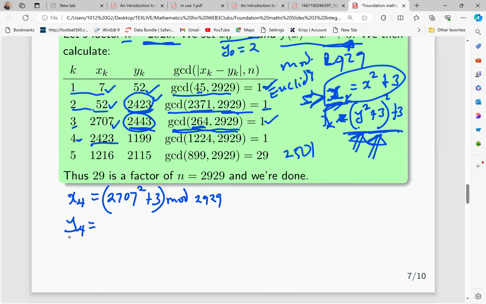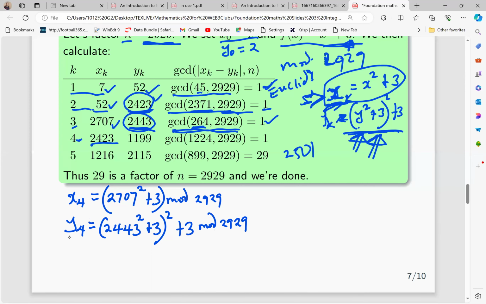So what is it? Y3 is 2443. Square it, then add 3 to the result. Square the new result, and then add 3 to the result. Then reduce mod 2929.